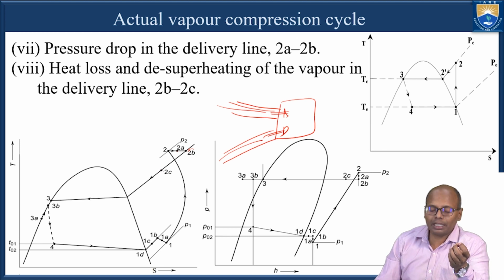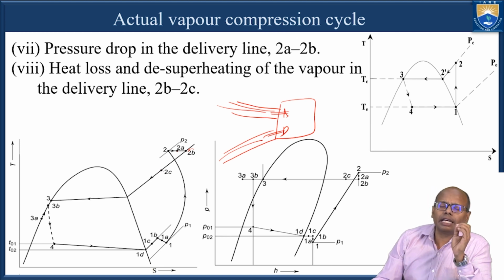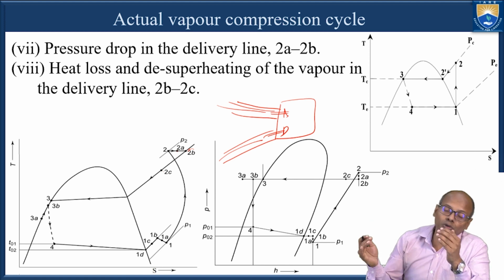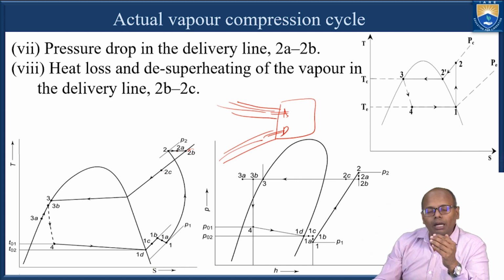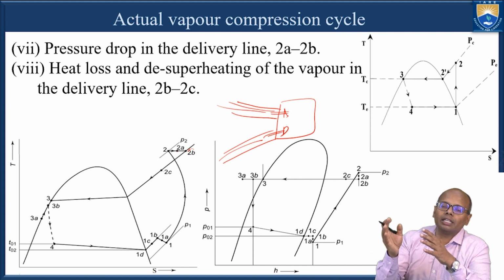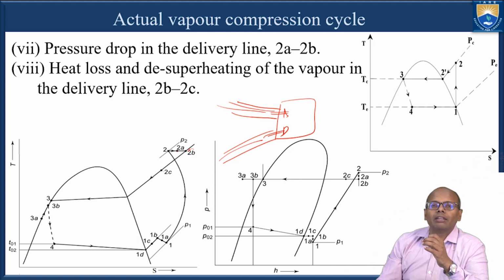What is happening here is the delivery line will be at lower temperatures. Okay, the delivery line is at lower temperature. Now the fluid coming from the compressor is at higher temperature. So what is happening here? The heat is taken by the delivery line.